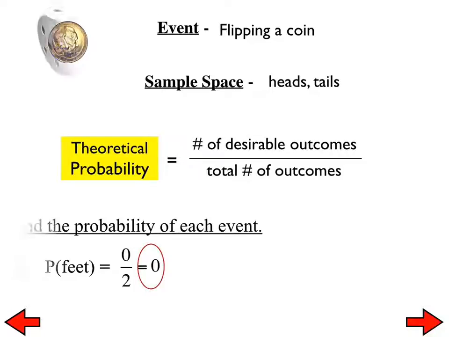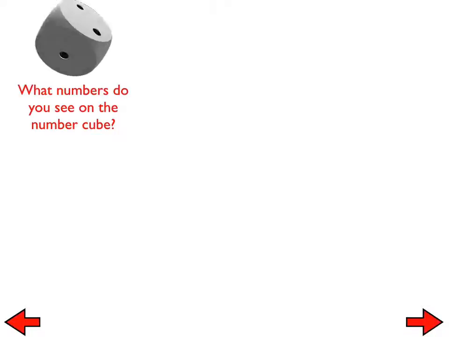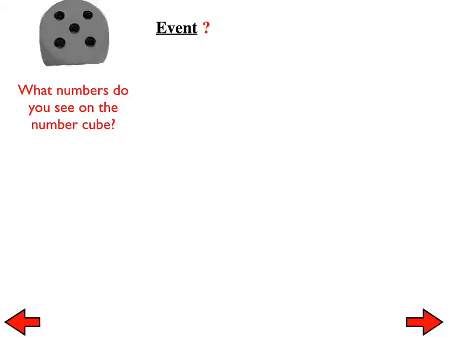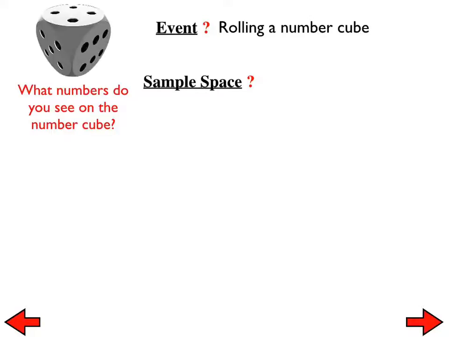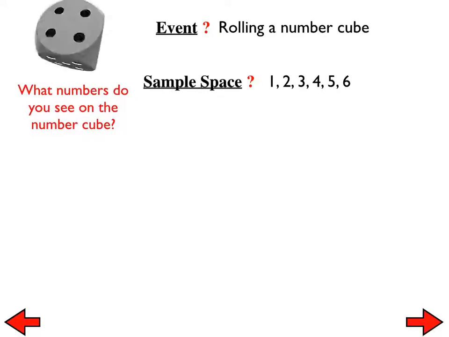So now, let's go to a die or a number cube. Okay, so obviously, and we did talk about this yesterday, we have numbers 1 through 6 on that number cube. The event would be rolling a number cube. Obviously, the sample space would be 1, 2, 3, 4, 5, 6.